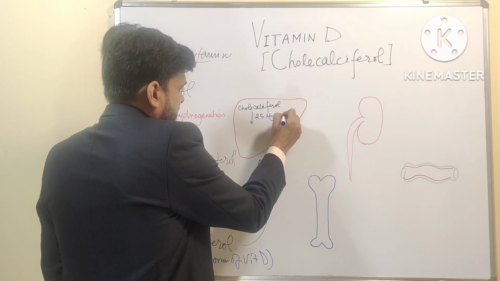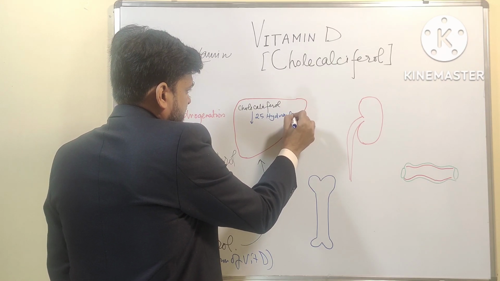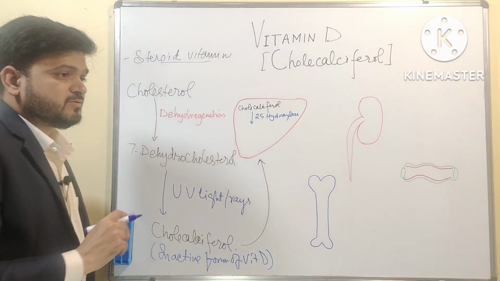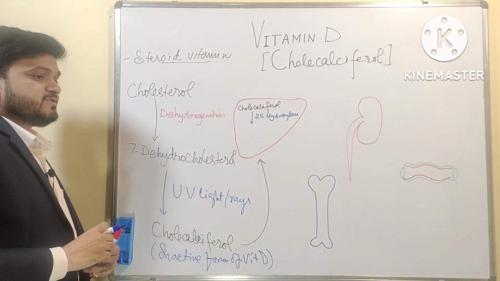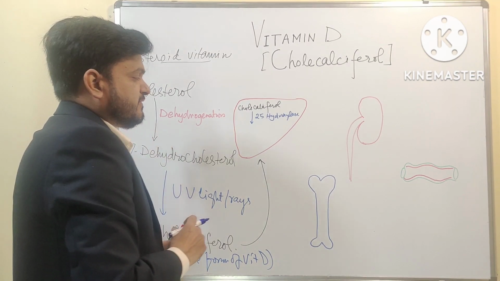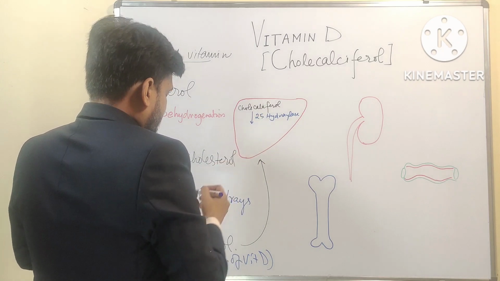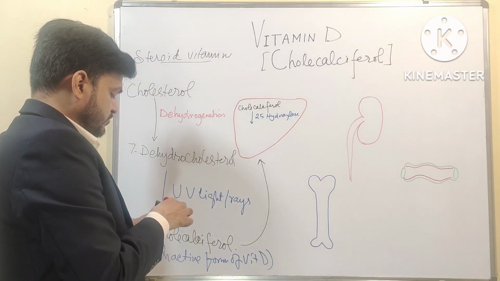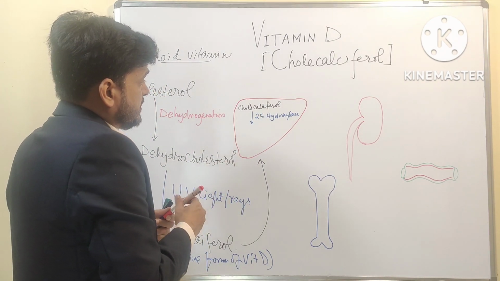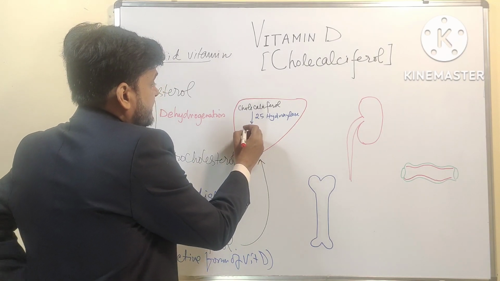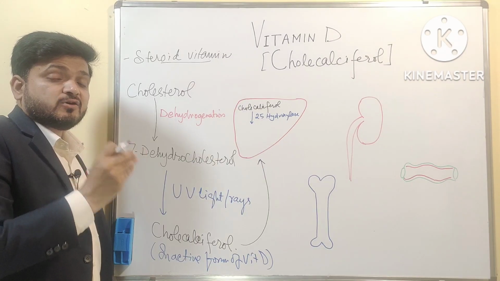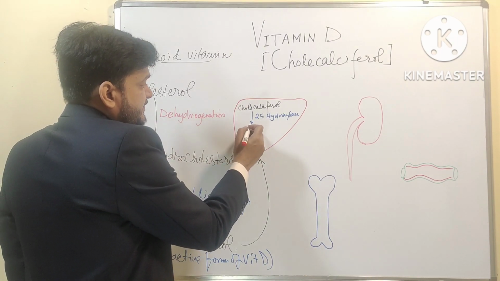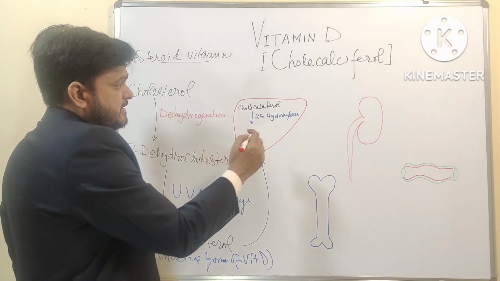25-hydroxylase, right? So there is an enzyme which is known as 25-hydroxylase, and what that enzyme does to cholecalciferol, the inactive form of vitamin D, is add a hydroxyl group on the 25th carbon of cholecalciferol, right?